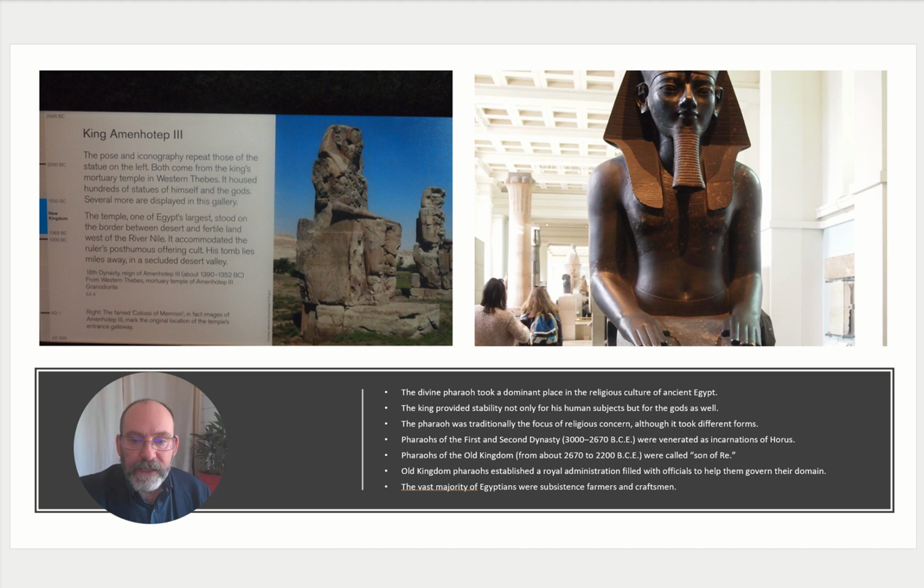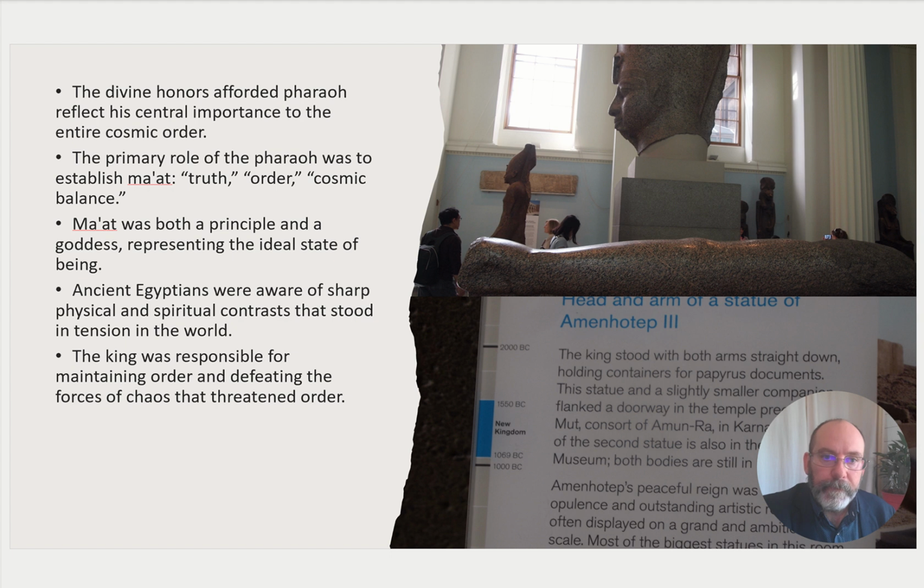So that demonstrates how important he is within this society. The divine honors afforded the pharaoh reflect his central importance to the entire cosmic order. So not even just the kingdom.